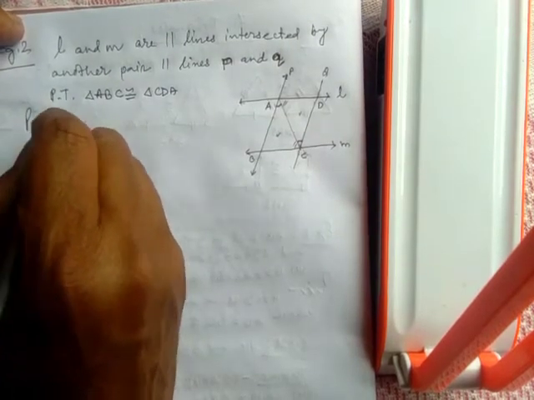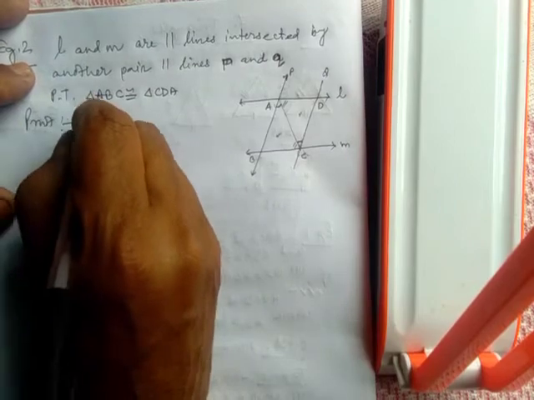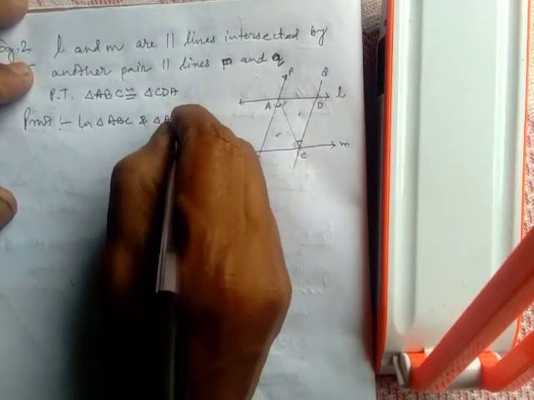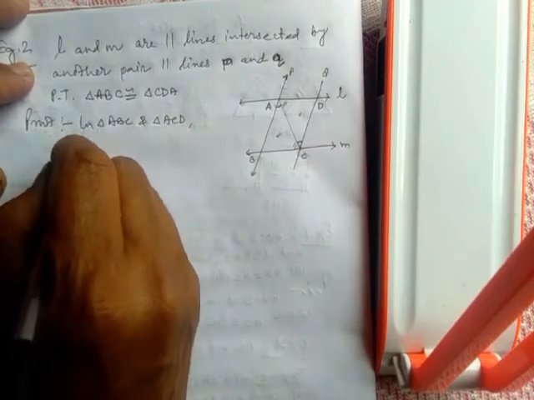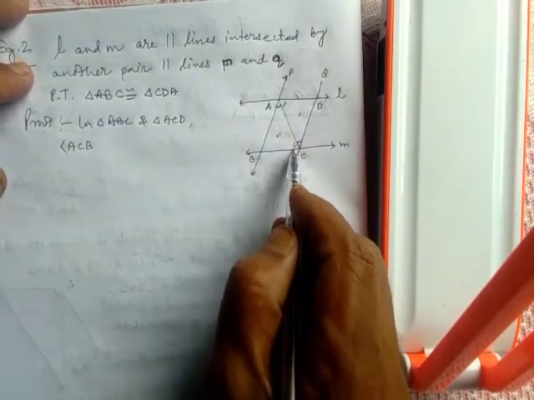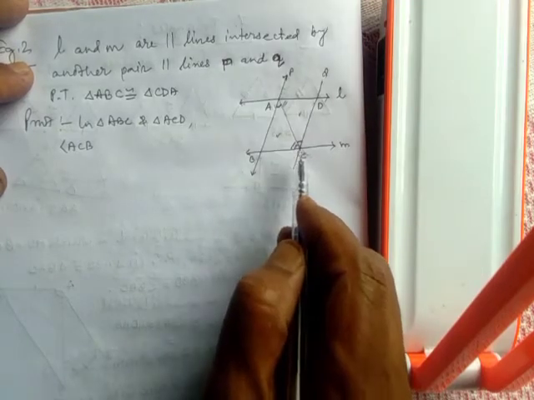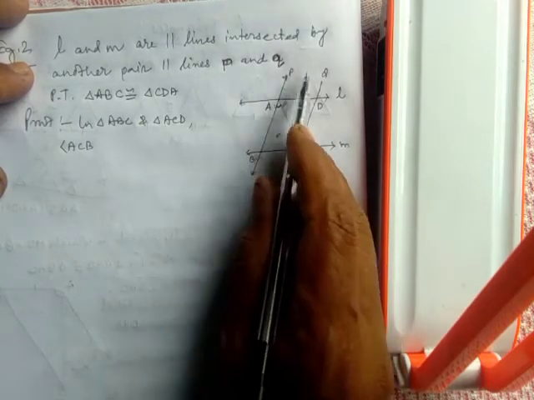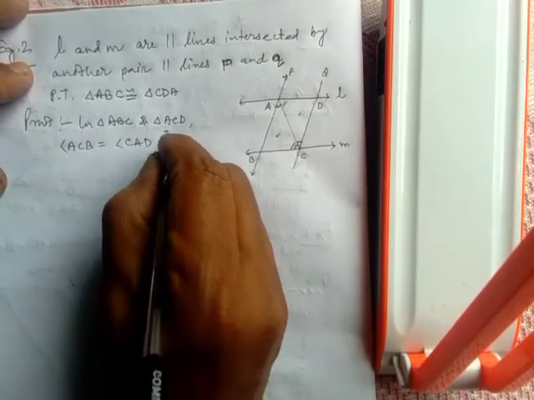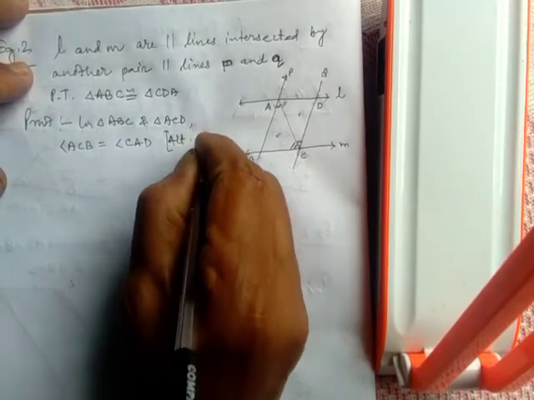Proof. In triangle ABC and triangle ACD, angle ACB is equal to angle CAD. This is what? Alternate angles.